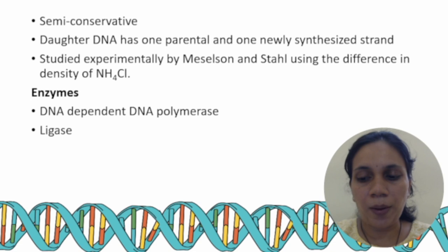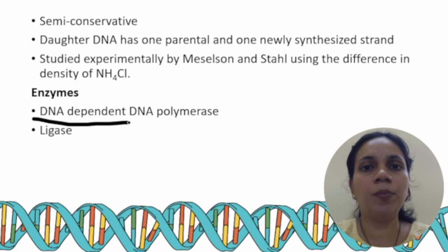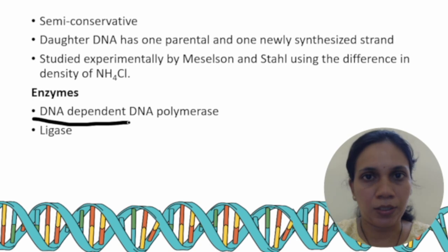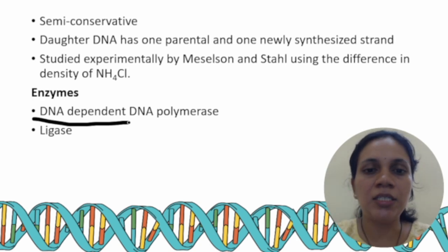Then here, coming back to certain points that we have to remember. Okay. Now the main enzyme that is involved over here is the DNA dependent DNA polymerase. So DNA dependent because it is completely dependent on the DNA template, the parental DNA. So with the help of the parental DNA only it can produce the copies.